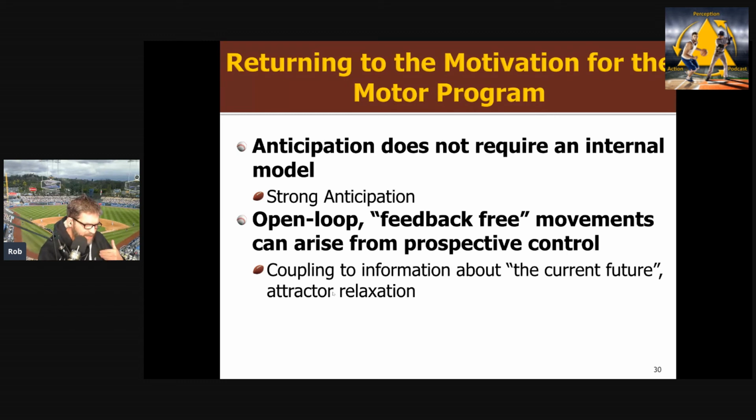The idea that a quick movement in which you don't seem to be using any kind of online feedback has to be done by a motor program is not correct either. You can have an open loop, feedback-free movement through perspective control if you're using information about the current future and you allow for attractor relaxation, which I've talked about before. I'll get into it later when I do my paper. I don't want to take a while to explain it here.